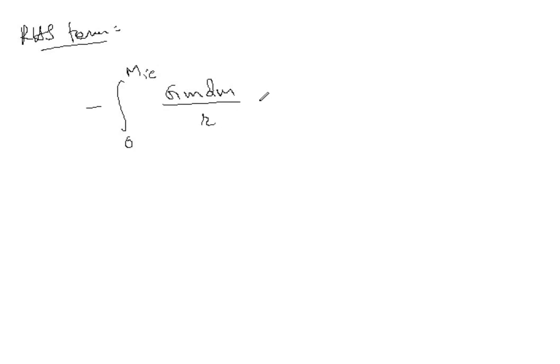So we can write the RHS term, integral 0 to M_IC of GM dm by R. This is basically equal to the gravitational potential of the isothermal core, and this is approximately minus 3 by 5 G M_IC whole square divided by R_IC.